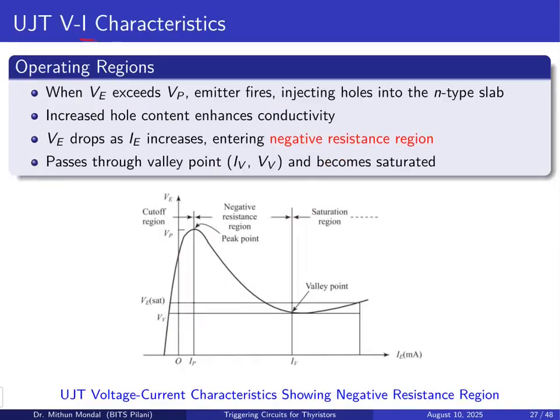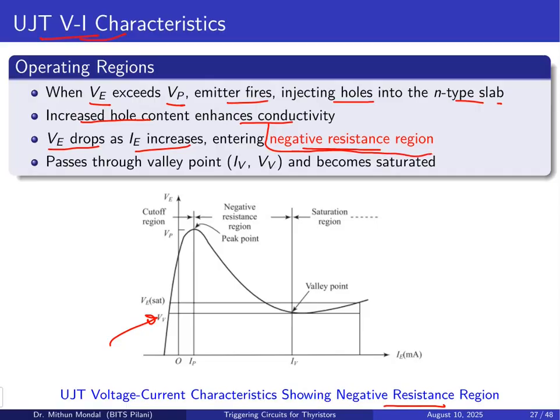If you see the VI characteristic of the UJT, given by this diagram, it shows the negative resistance region. When the emitter voltage exceeds the voltage required for turn on, the emitter will fire and inject holes into the N-type slab. There will be an increase in the hole current which will enhance the conductivity, and the emitter voltage will drop as the emitter current increases, entering the negative resistance region.